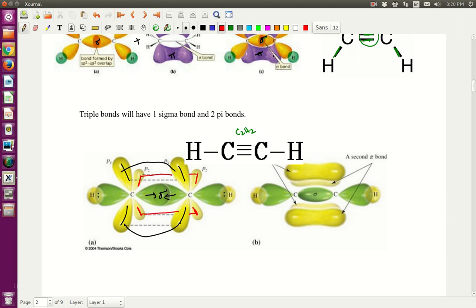They overlap. So we have two pi bonds. There's a pi bond on the red and a pi bond on the black. Okay, so when they show the overlapping, this big dark yellow is here. There's the pi bond, and the light yellow is underneath it, and it's really not super easy to see.